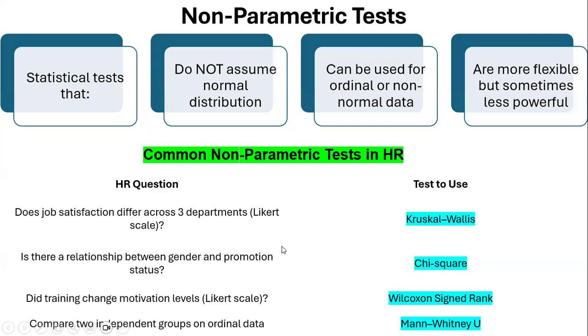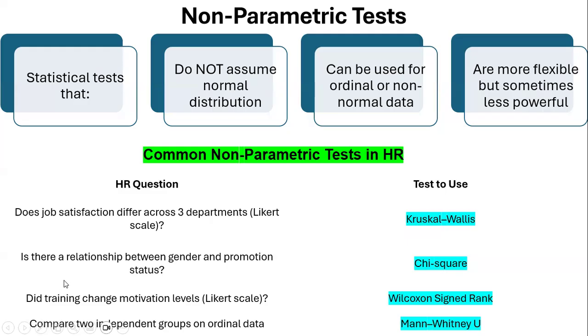Normally, when you are measuring perceptions and attitude and all that. So if you want to compare a particular variable, such as satisfaction, across different departments, then instead of using one-way ANOVA, the non-parametric equivalent is what we call the Kruskal-Wallis test.